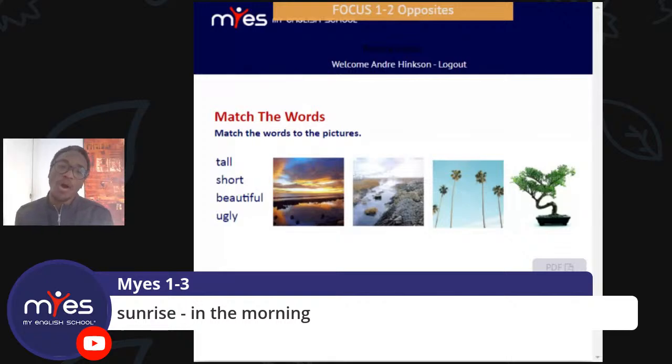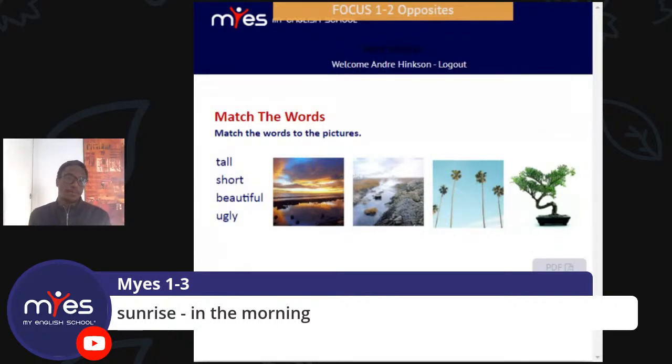Now let's look at what type of adjective we can use to describe a sunset in this first picture. So for me, I would use beautiful. Yeah, because many colors. We've got blue, we've got yellow, we've got maybe sometimes orange or reds or maybe pink.